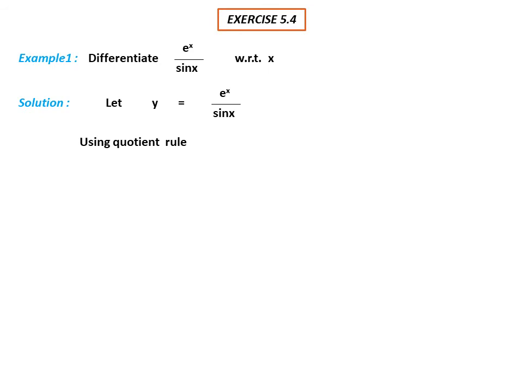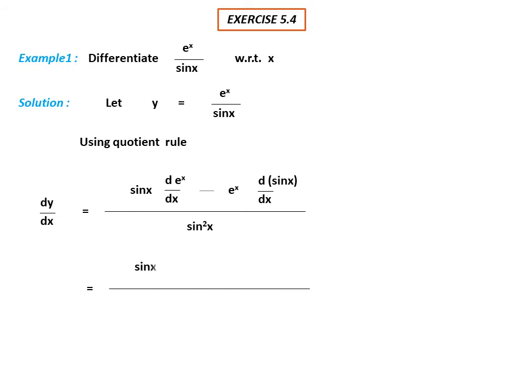Using quotient rule, you can write sin x as it is times d by dx of e^x, minus e^x as it is times d by dx of sin x, divided by sin square x. This is quotient rule. Now simplify: sin x into d by dx of e^x is e^x only, minus e^x into differentiation of sin x is cos x, divided by sin square x.